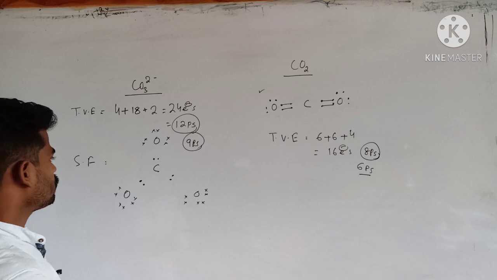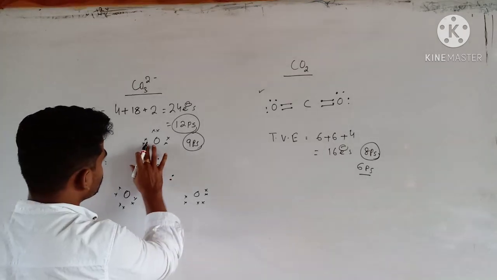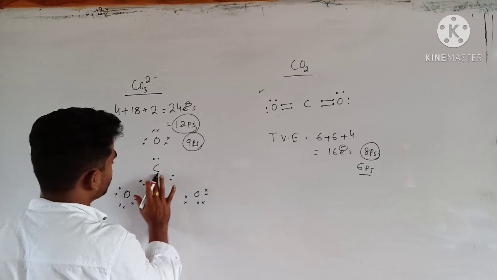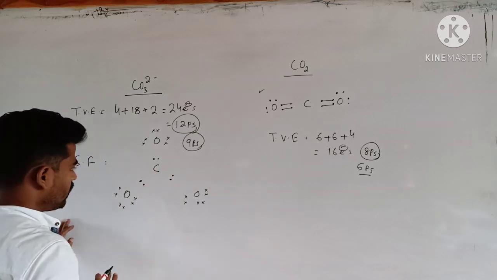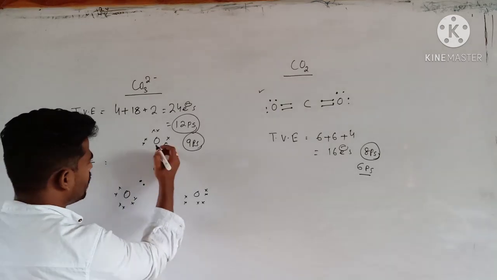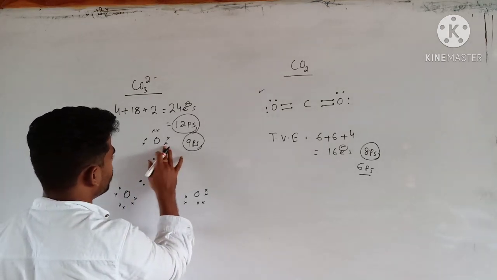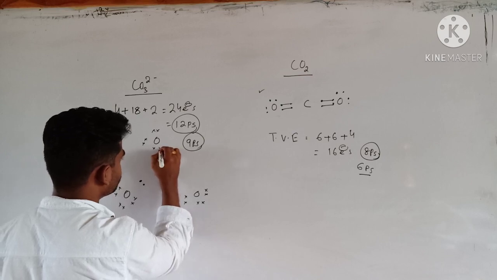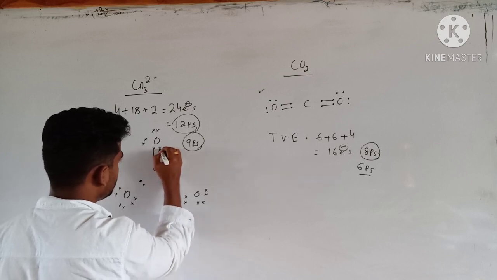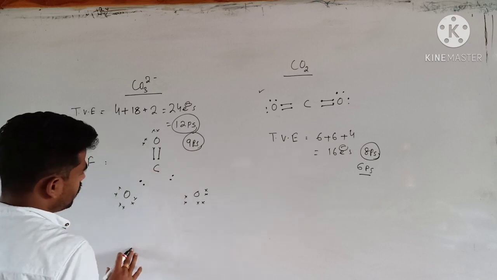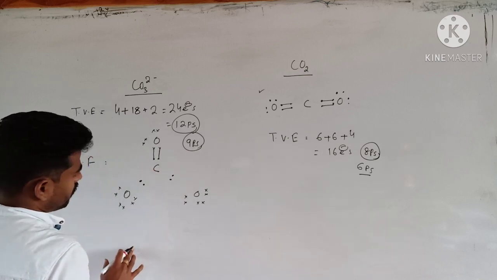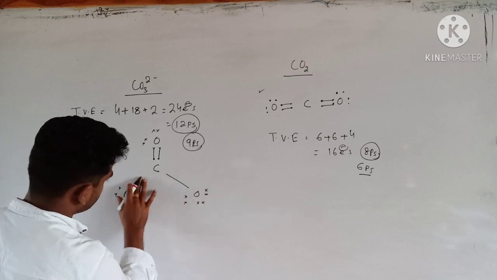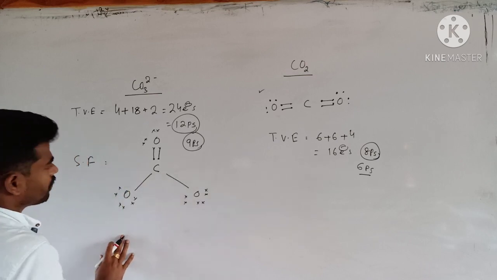Is that clear? So here each oxygen is associated with 6 electrons, but carbon has only 6 electrons also. So you can do like this: you can make a double bond over here so that carbon can achieve 8 electrons. You see these 2 electrons and these 2 electrons can make a double bond like this. Okay, and 2 minus is there, that means on this oxygen and here it will be like this.